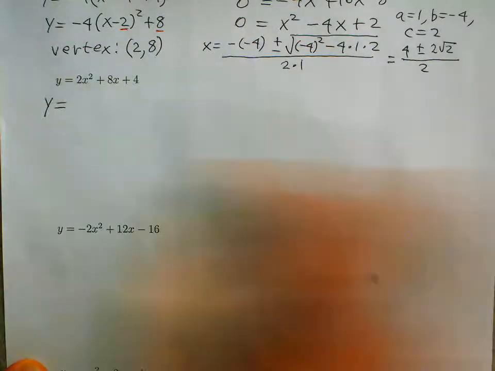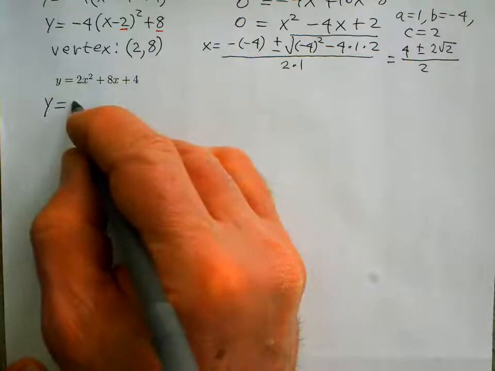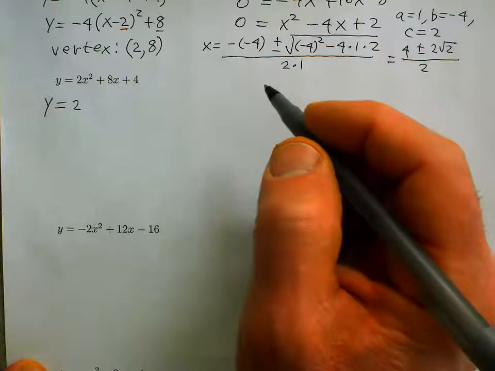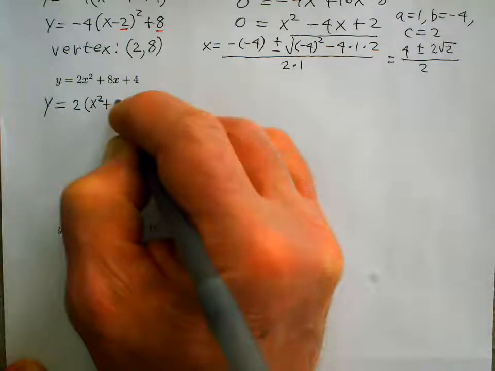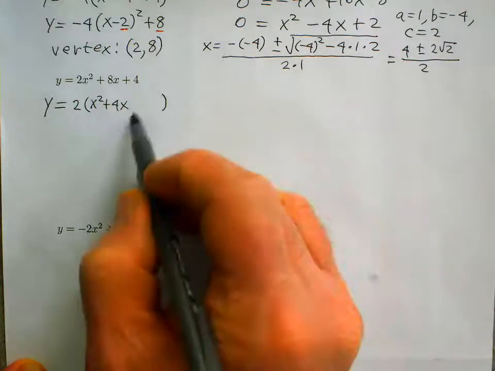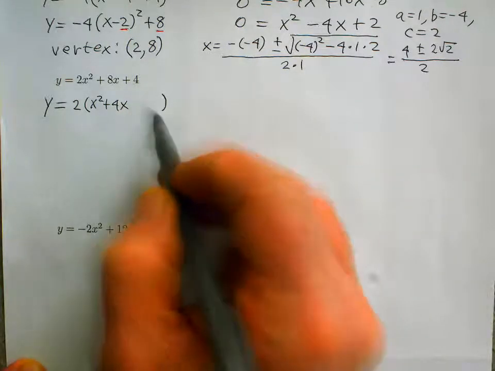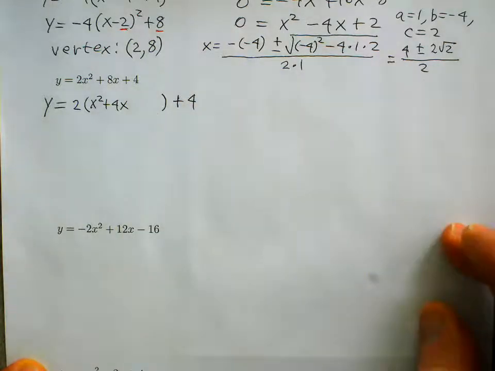So we factor 2 out of the first two terms. Factor 2 out of 2x squared plus 8x, we get 2 times x squared plus 4x. Leave some space for the adding 0 part, and then the plus 4 stays on the outside of the parentheses.